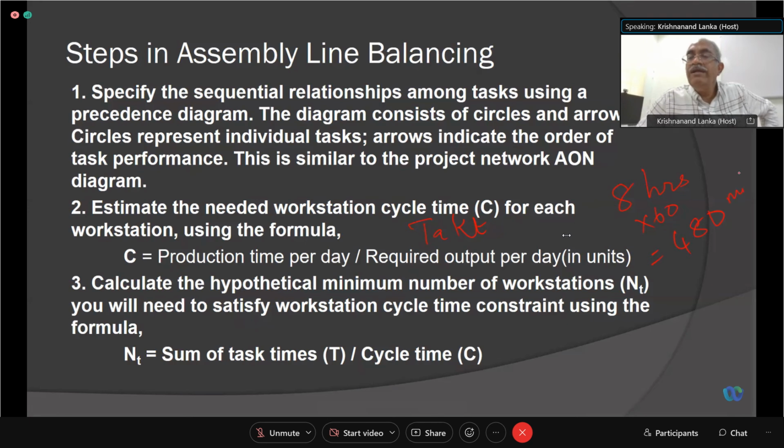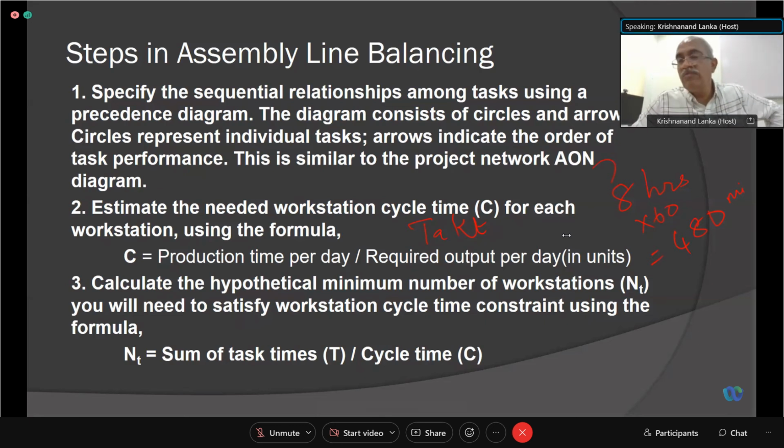Suppose, sir, workers may not work 480 minutes because you have to give 1 hour break for lunch and other personal needs like going to the toilet and drinking tea, coffee or water. Then you can conservatively put this as 7 hours. Anyway, it is left to you.